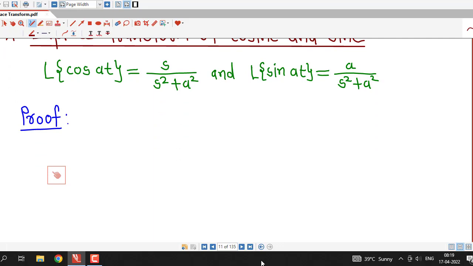So before going for the proof, we require some terminology of complex numbers which we have studied in our higher secondary classes. So what do we mean by complex number? We just recall, because we require the knowledge of complex numbers in the proof of today's lecture.